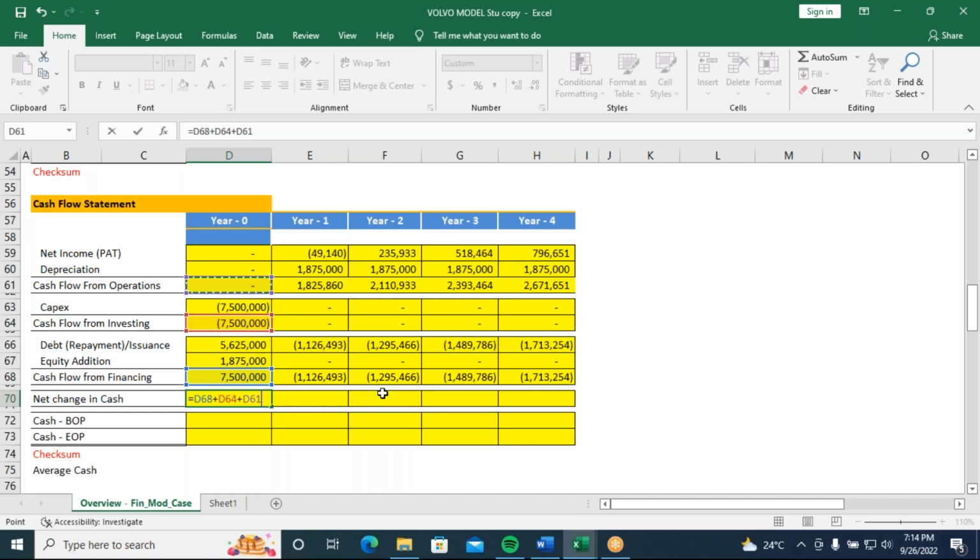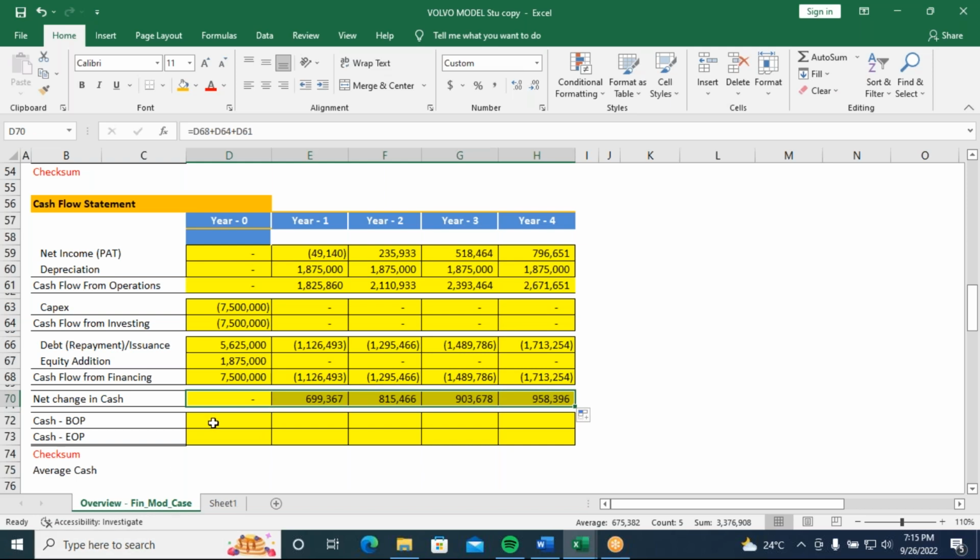Remember? In previous case studies we have done cash flow statement in order to know the net cash. So it is CFO, cash flow from operations, plus cash flow from investing, plus cash flow from financing. I'll select and drag till the last year.